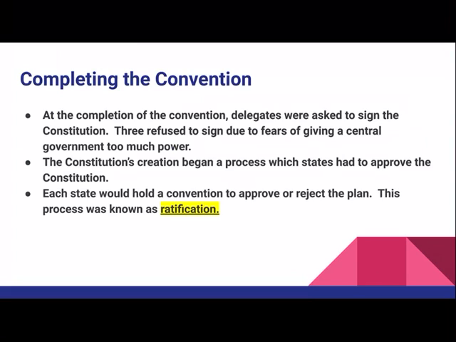And we had to get 9 of the 13 states to approve this plan, this Constitution, in order for it to go into effect. And so next week we're going to be looking at this process of ratification and how we were able to get 9 of the 13 states to vote or approve or ratify the Constitution.